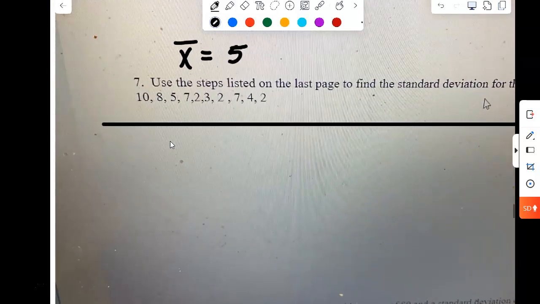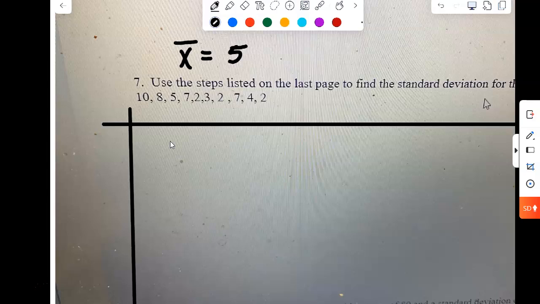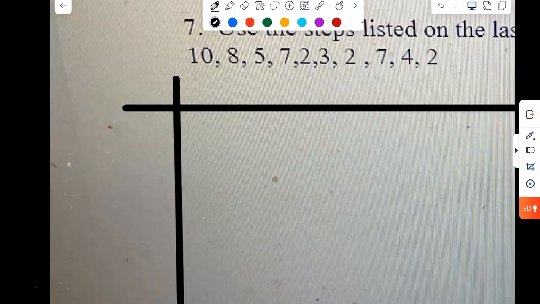So to do the standard deviation now, what I like to do is make a chart. In the first column, I'm just going to list all of my data values down. You can do them in the order they're written in, or if you want, you may find it easier to list them out in numerical order. That's up to you.